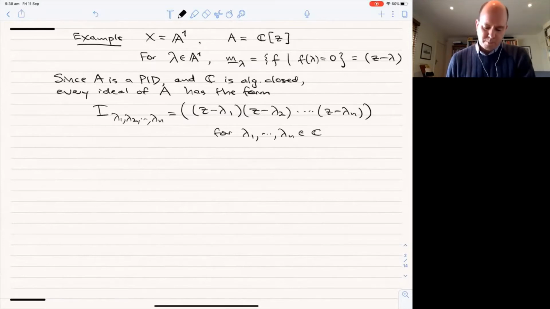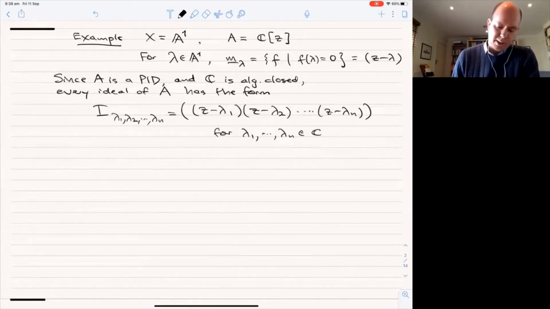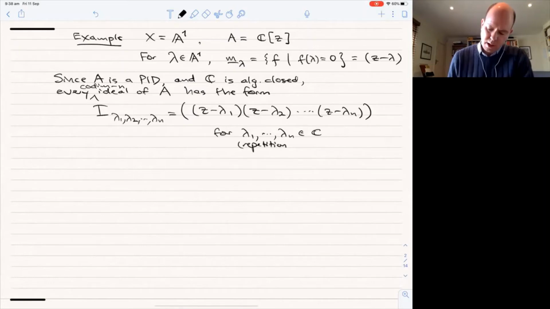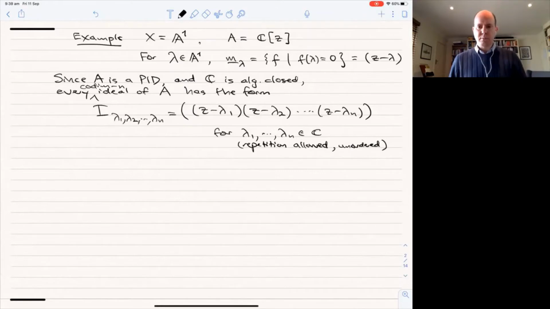Well, if you take the ideal generated by a polynomial of degree n, then that's clearly of codimension n. So I could fix n from the start and say every codimension n ideal has this form for some particular choice of n complex numbers. And of course, repetition is allowed here, and order doesn't matter. So in this case, the ideal is actually completely determined by its support as a cycle.